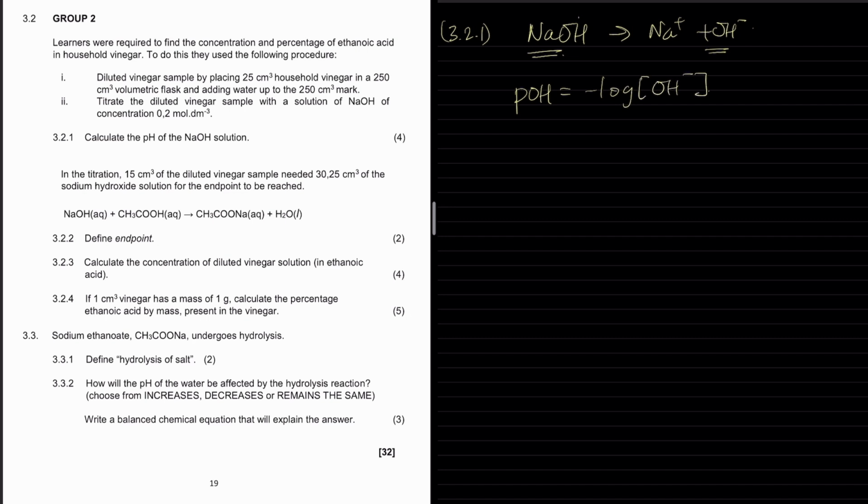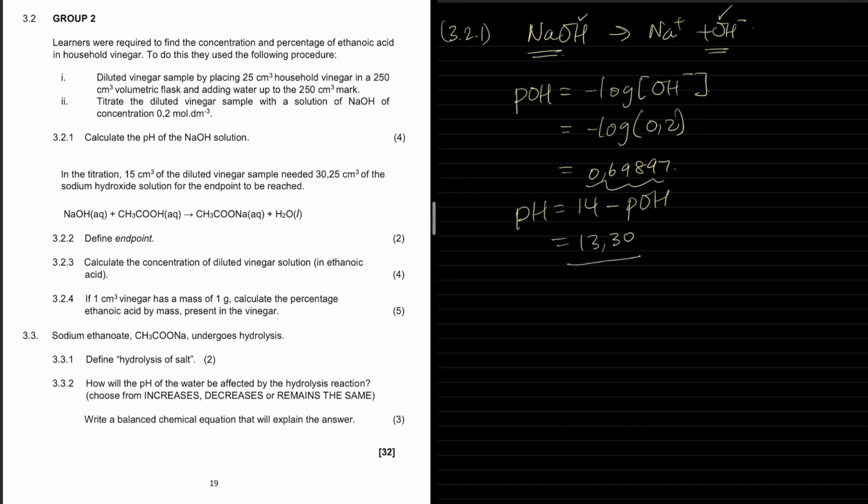Now we said before that the concentration of the NaOH will be the same as the concentration of the OH minus because it's 1 to 1. So minus log 0.2, and that is equal to 0.69897. Now from here we can say that pH is equal to 14 minus pOH, which is this, and that's equal to 13.30.